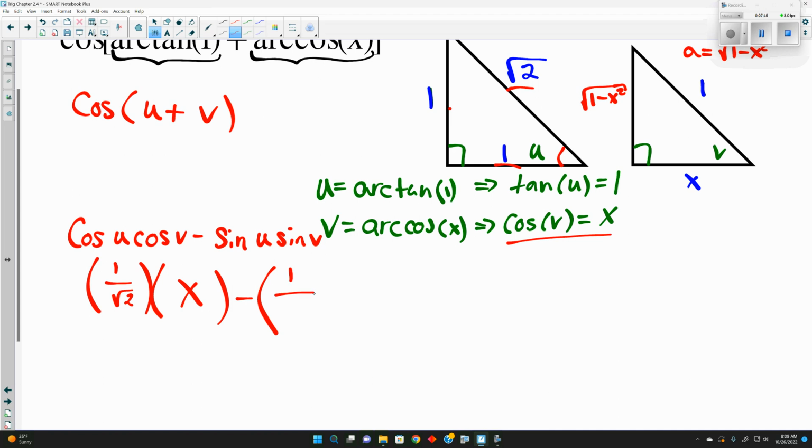So 1 over square root of 2. Which at this point, 1 over the square root of 2 is our square root of 2 over 2, 45 degrees. And our last one, sine of v, opposite over the hypotenuse. So this here is just going to be the square root of 1 minus x squared.